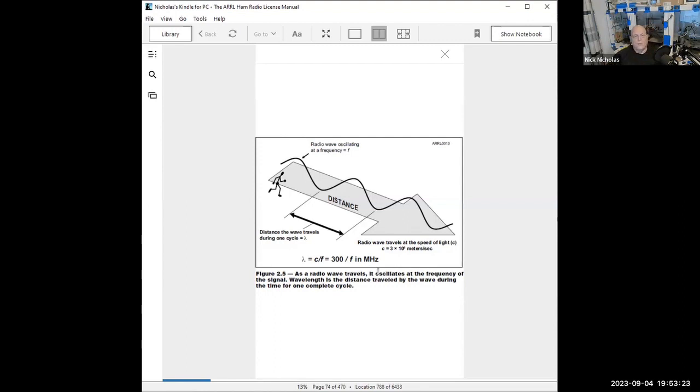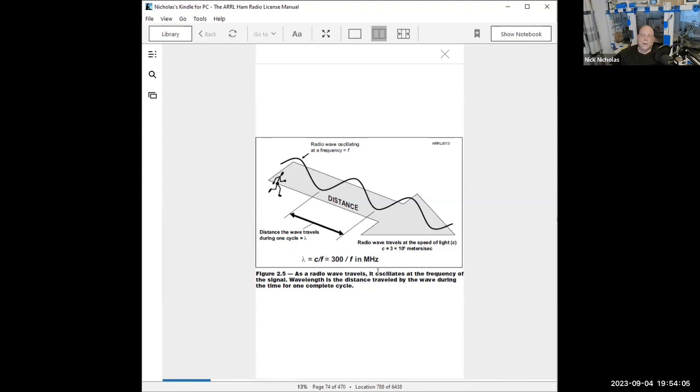So if we wanted to know the wavelength of a 100 megahertz frequency, we'd take 300 divided by 100, and we get 3. The 3 meter band is roughly 100 megahertz, where the FM broadcast band is. 144 megahertz is a little above that.